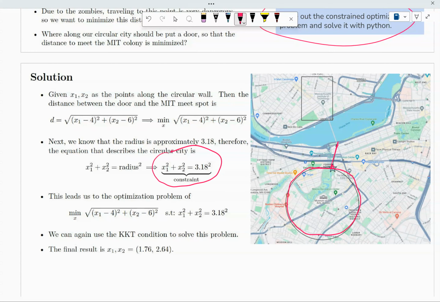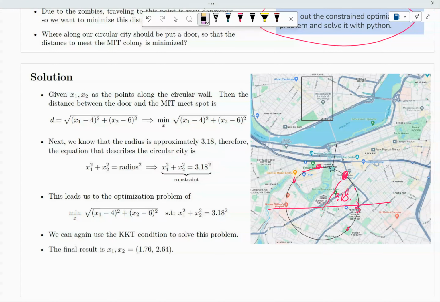Whatever x1, x2 you get, it must satisfy this constraint, because the constraint is that the door is along the circle. So whatever point you pick, the radius must be 3.18.